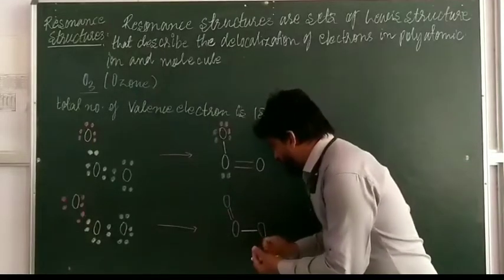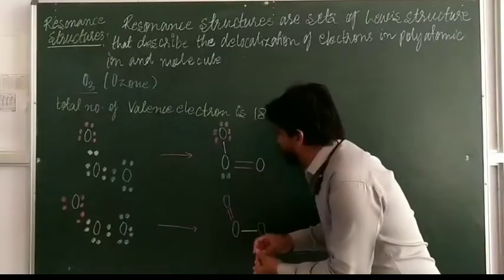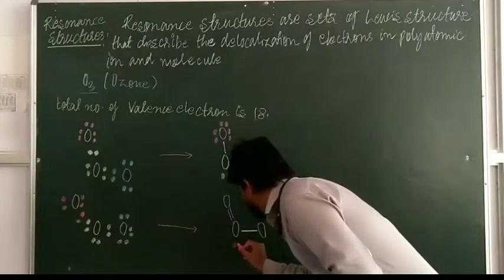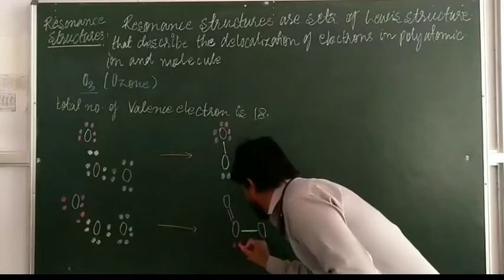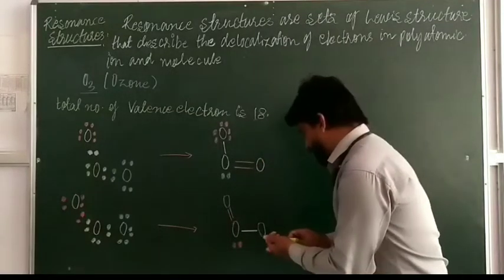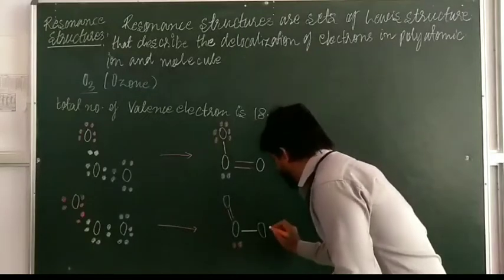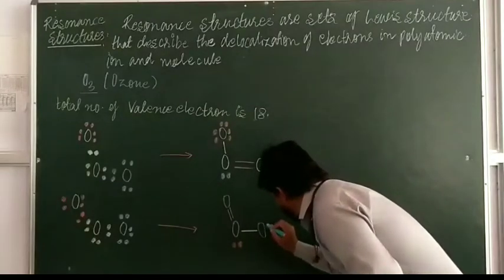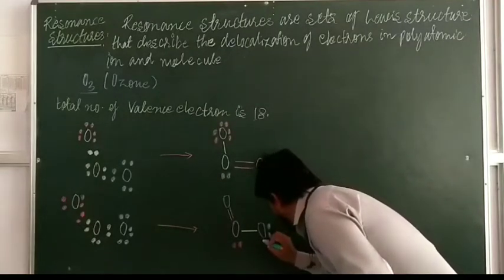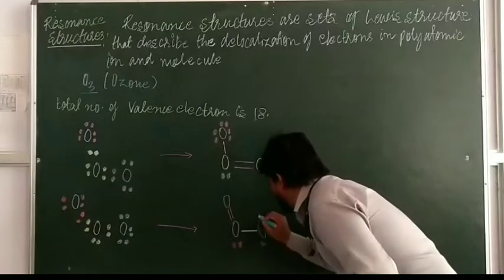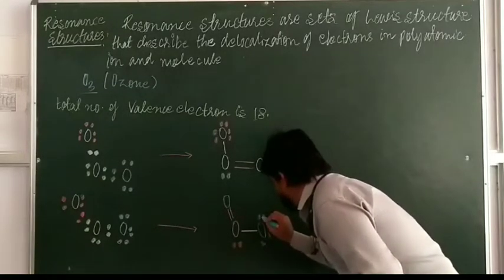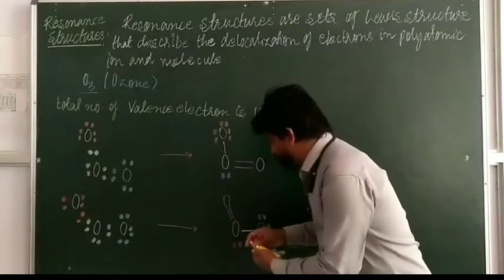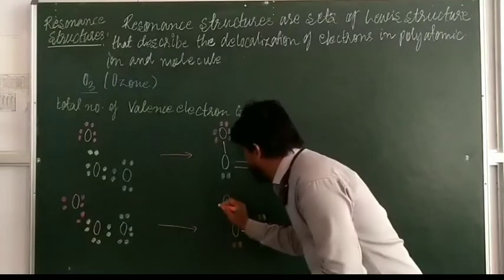So this oxygen atom will have one lone pair of electrons, and this will have 2 lone pairs of electrons.